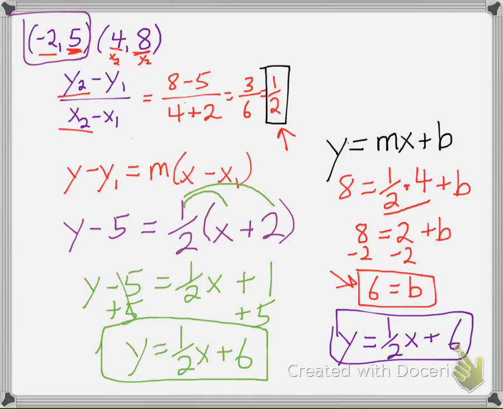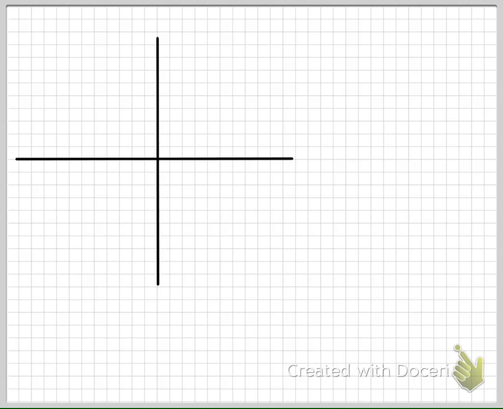So if I look at this on a graph, what I would do is I would graph the 2 points that I was given. So the 2 points we were given for this one were -2, 5, and 4, 8. So I would graph -2, 5.